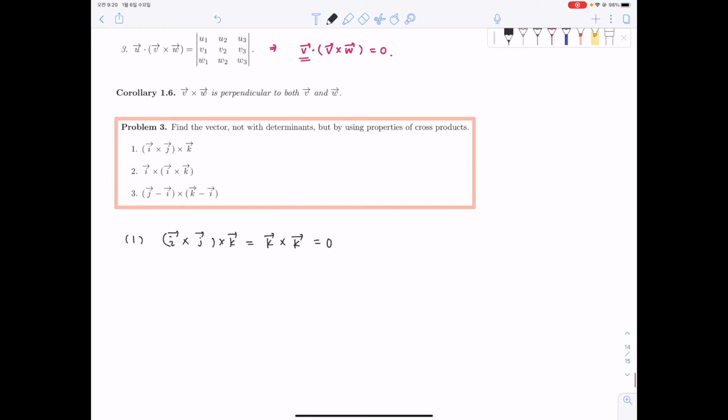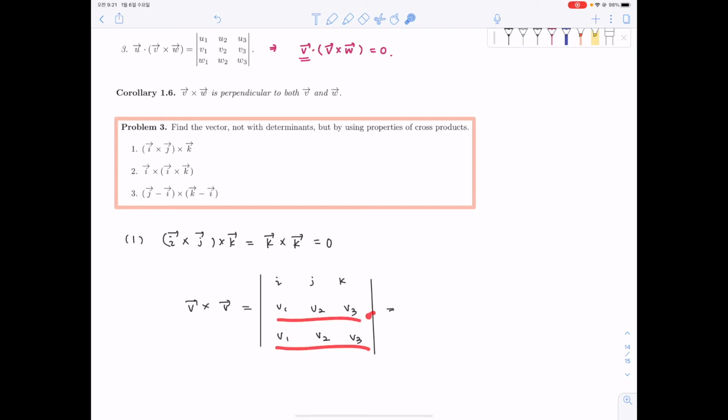Because when you think about the i, j, k here, and v1, v2, v3, v1, v2, v3, it is v cross v. In this case, by the property of a determinant, these rows are the same, so the determinant is 0. We know this property.